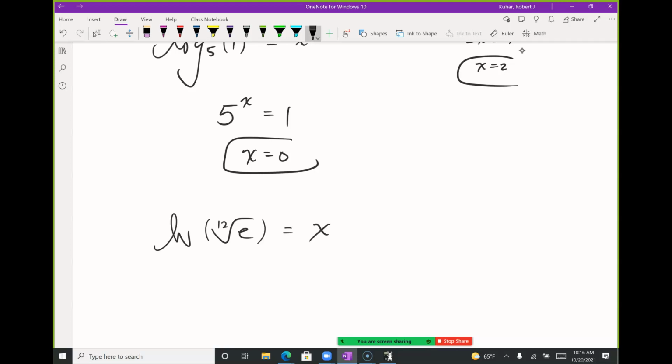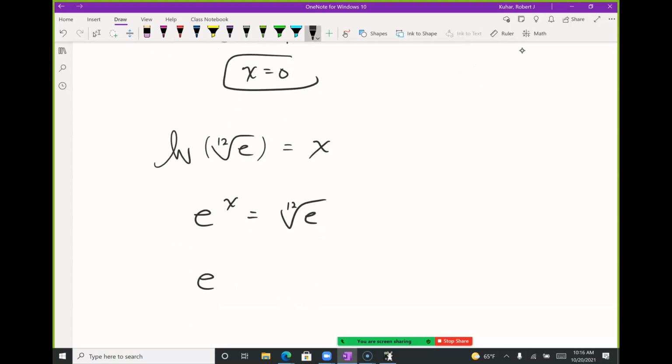What's the base? I want to say 1. Not 1. So ln is one of these special ones. E. So e to the x has to equal the 12th root of e. Well, the 12th root can be written as a 1/12 exponent. So what is x?